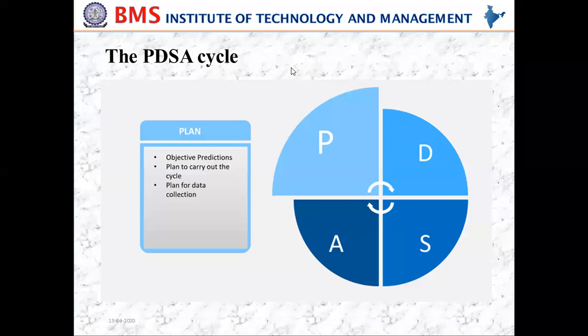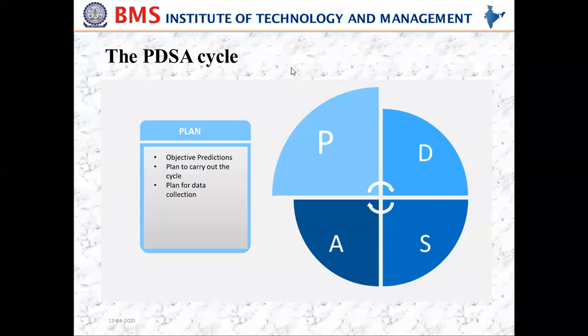In the study phase, once you have done it, you study the results that occurred and compare them with the plan. Whether you got the same result as planned or not. If there is any deviation, then you need to act on it.